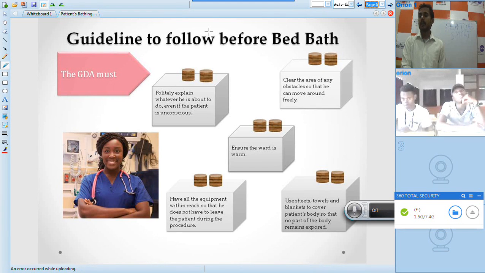These are the important guidelines for the GDA. While giving the patient a bed bath, you must keep all those things in your mind while starting the procedure of bathing.